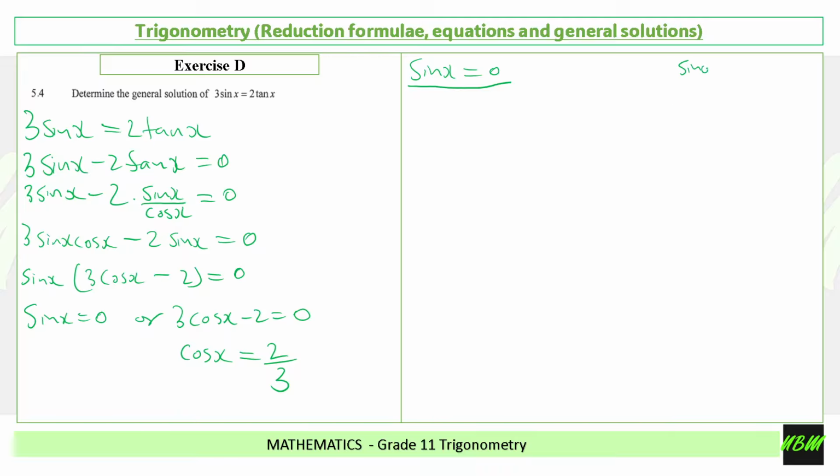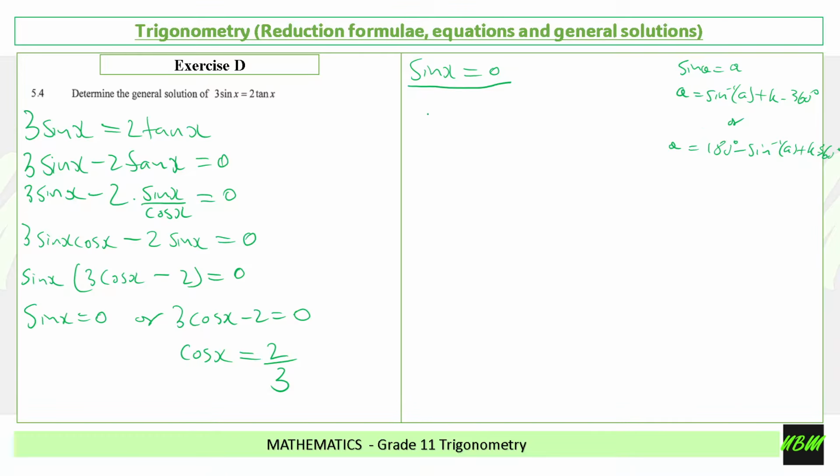If you are having sine theta is equal to a number a, be it positive or negative, theta will be equal to sine inverse of a plus k times 360 degrees, or theta will be equal to 180 degrees minus sine inverse of a plus k times 360 degrees. That is how you find the general solutions if your ratio is sine. If a is positive, you substitute it as positive. If it is negative, you substitute it as negative.